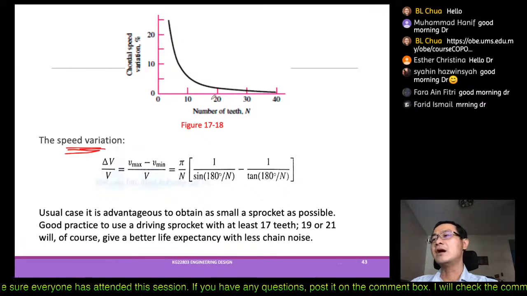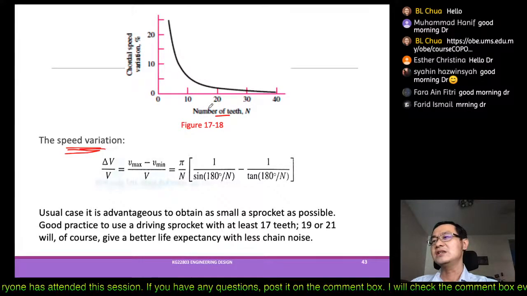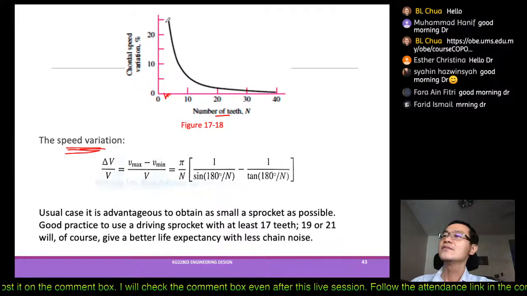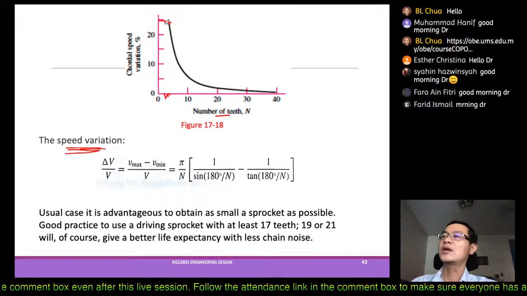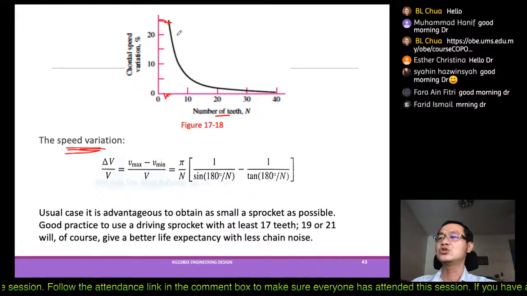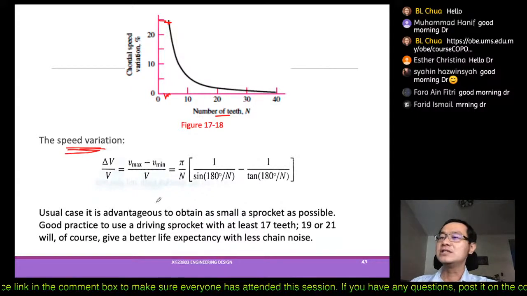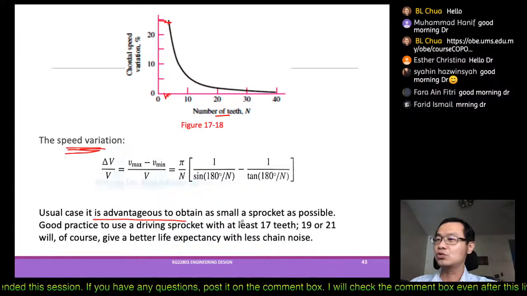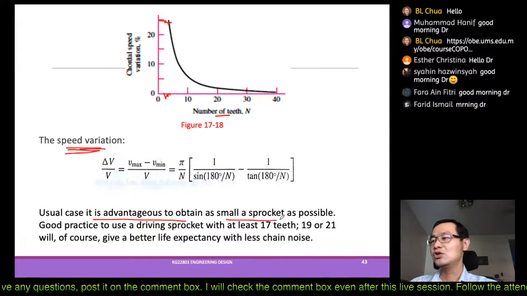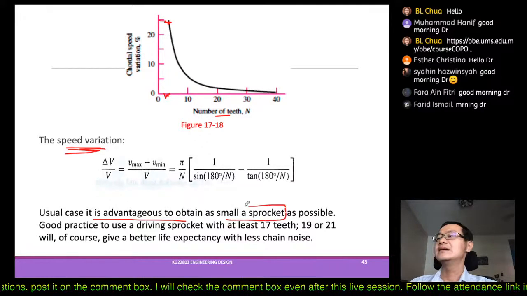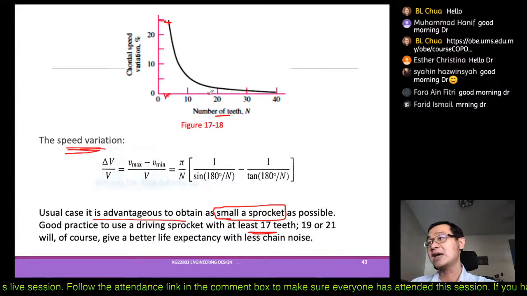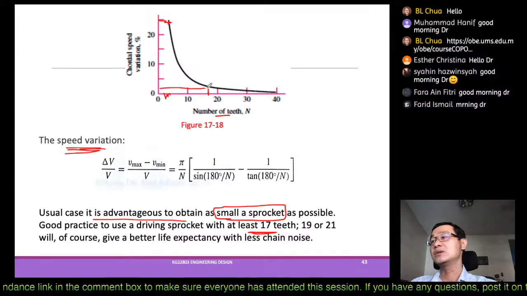If the number of teeth is very low, this speed variation is very high. It can go up to 25% variation, which we do not want. Therefore, even though we want a smaller sprocket, we intend to choose at least 17 teeth. At about 17, the speed variation will be much lower, maybe 2 to 3%.